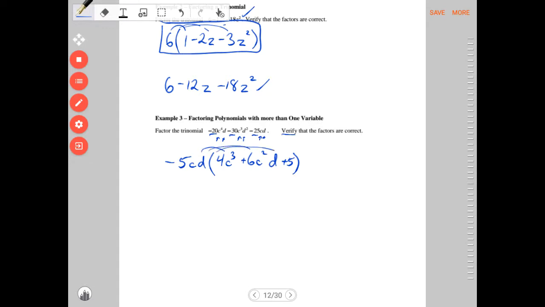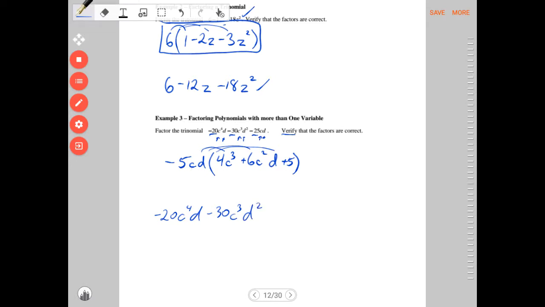So negative 5 times positive 4 is negative 20. There's 1 c times c cubed, so that's c to the 4th. D with no other d's just tacks on. Negative 5 times 6 is negative 30. We have a c and a c squared, that makes c cubed. D and d makes d squared. So that's it for that one.